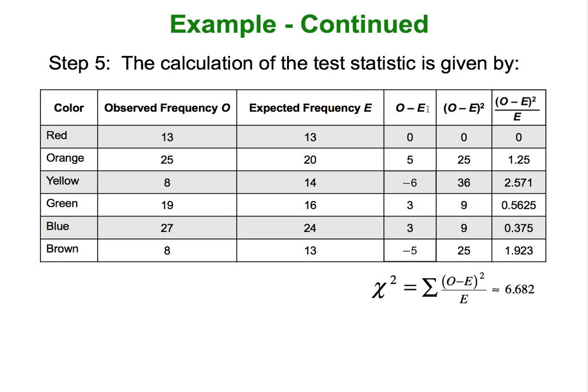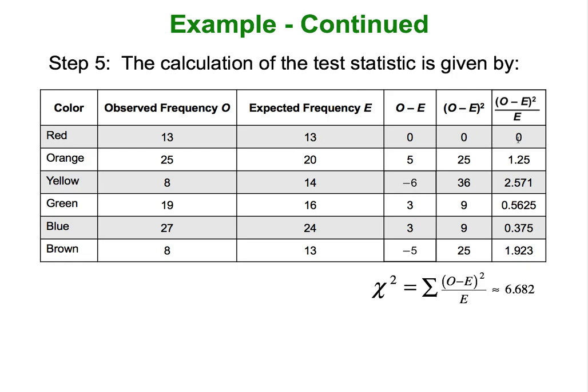What we do, as the formula shows, is subtract E from O. So we subtract the expected of 13 here from the observed of 13 here. That gives us 0. And then in this cell, we square whatever's in the previous cell. And then we divide this cell, the O minus E squared, by the corresponding E.